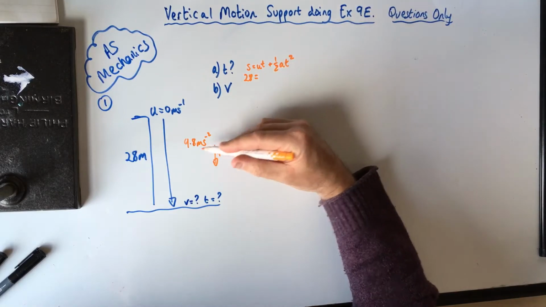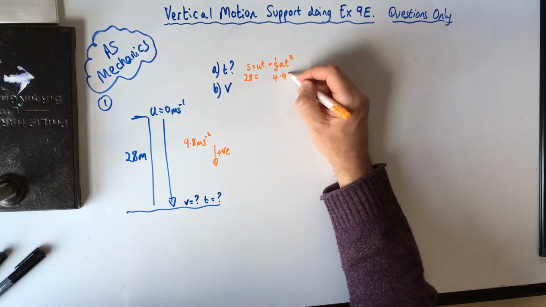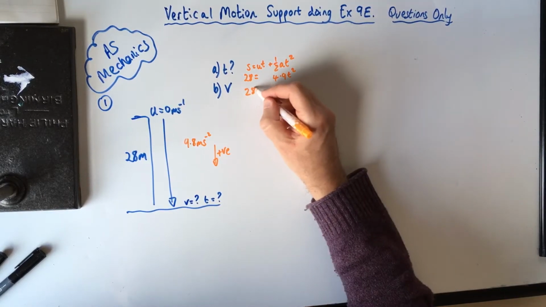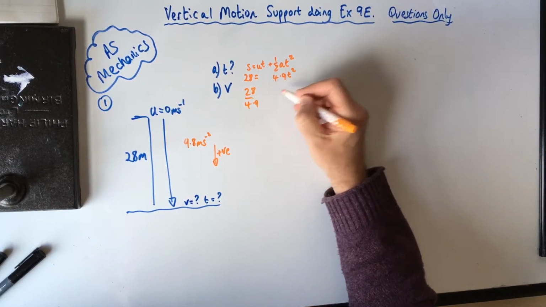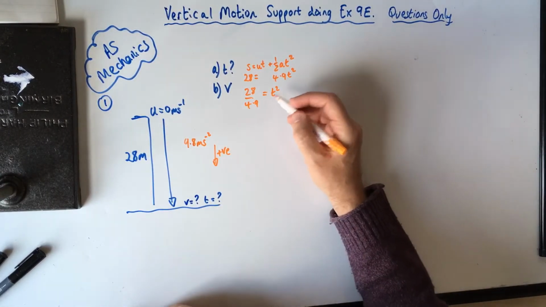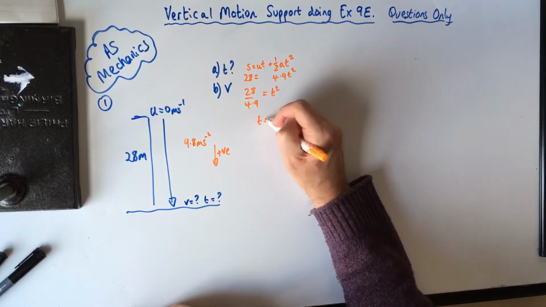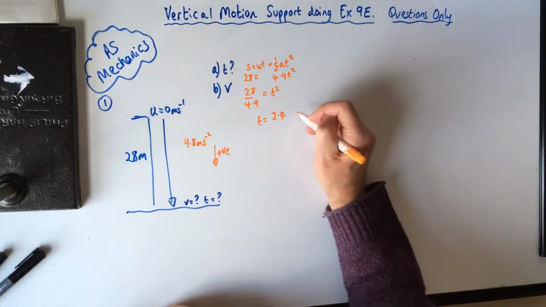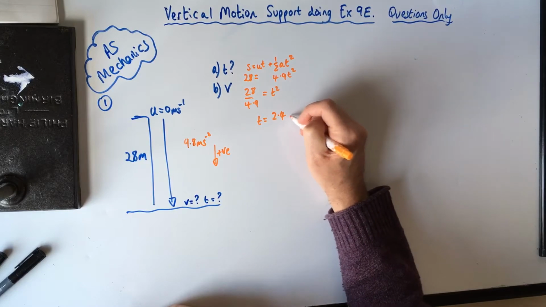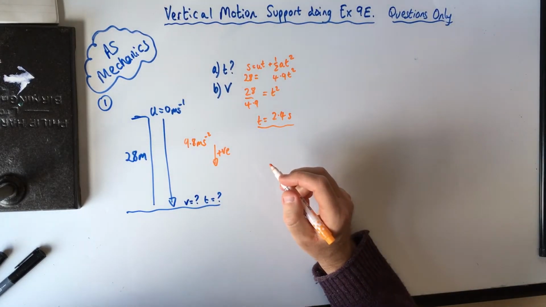Half of a is going to be 4.9 t squared. So we've got 28 divided by 4.9 is equal to t squared. So the square root of that gives us a t value of 2.4 seconds. So that's how long it takes to go down.